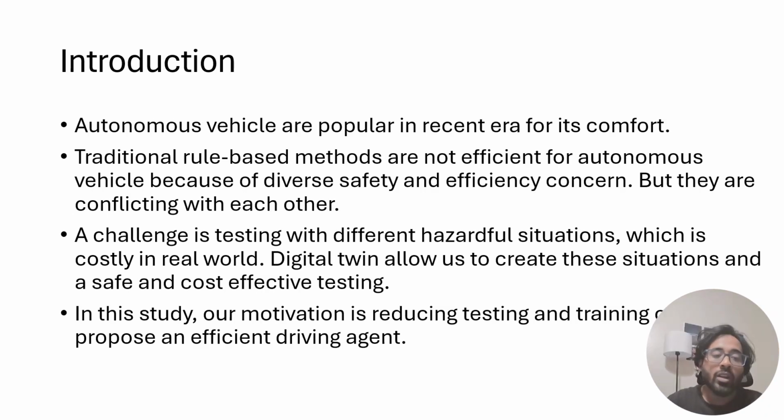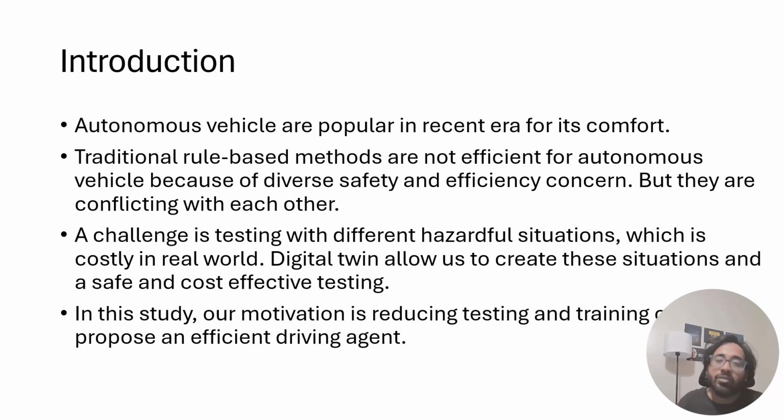As you all know, autonomous vehicles are very popular in this modern era because of their comfort. But in the past, traditional rule-based methods were used, which are not efficient because of the road's complexity.